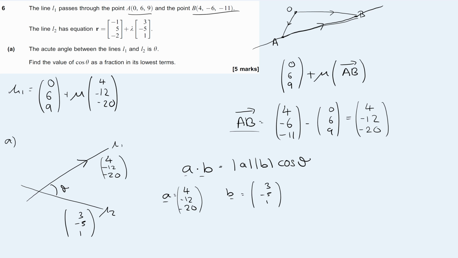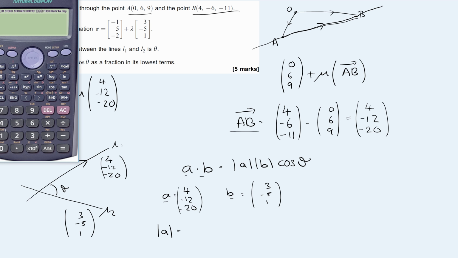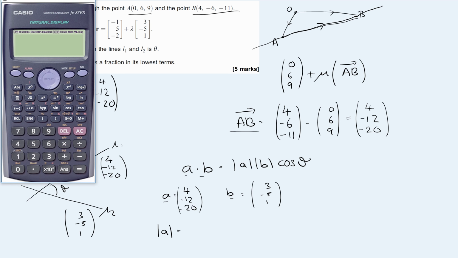Okay, the absolute value then, so the magnitude of something, this is where we do the Pythagoras. So we do 4 squared plus minus 12 squared plus minus 20 squared. So I'll just quickly do this first one for us so that we've got a bit of an idea of what's going on. Let's bring the calculator into shot. So I've got 16 plus 12 squared, 144, plus 20 squared, which is 400.